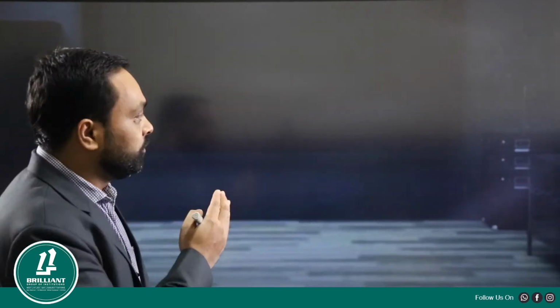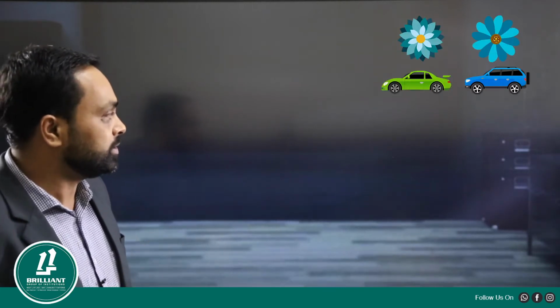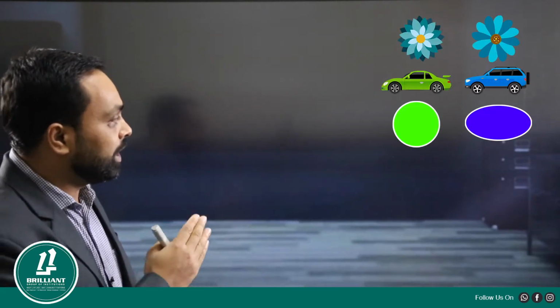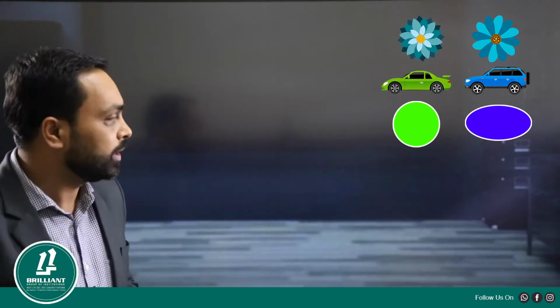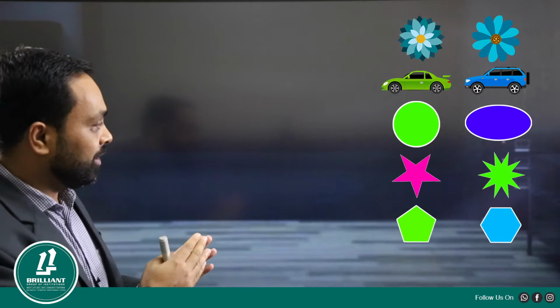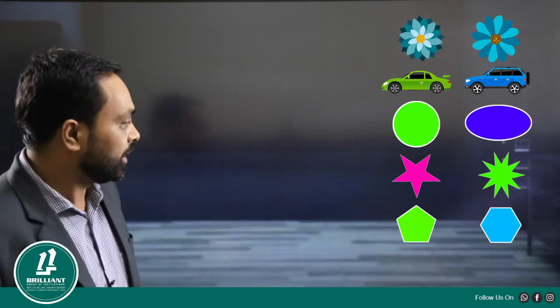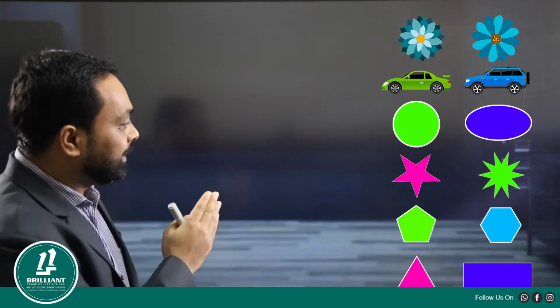For that, let's see the following pairs of objects. First one is a pair of flowers, then a pair of cars, then a circle and an oval shape, then two different stars, then polygons, one pentagon and one hexagon, then a rectangle and a triangle.